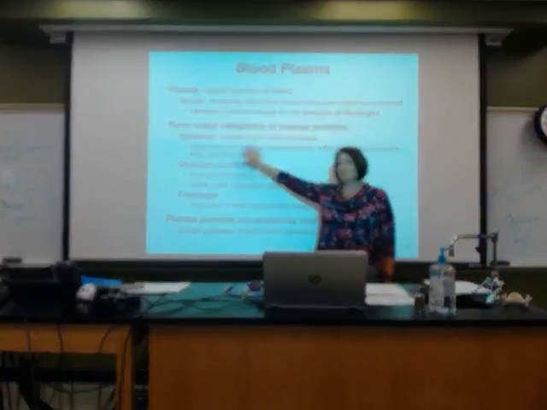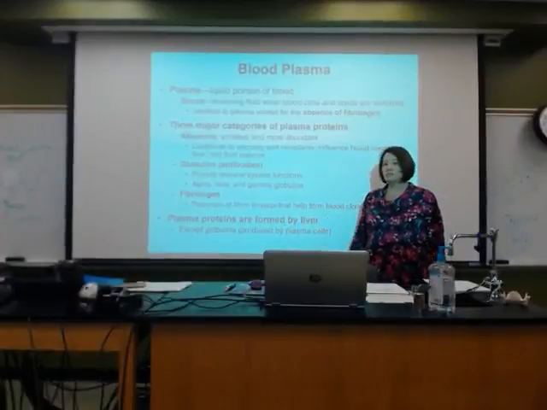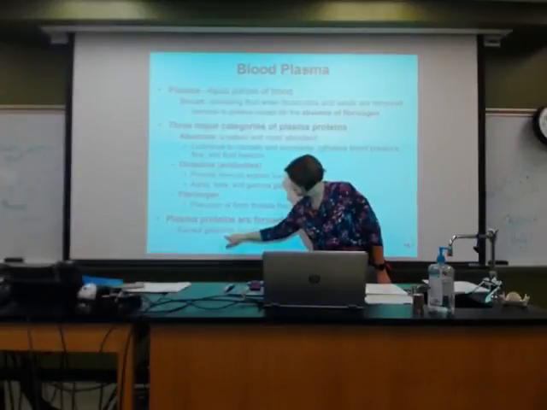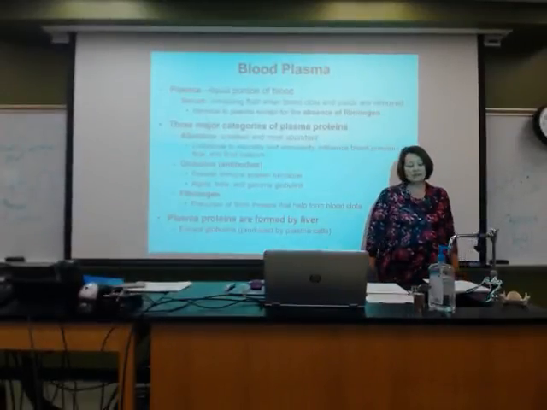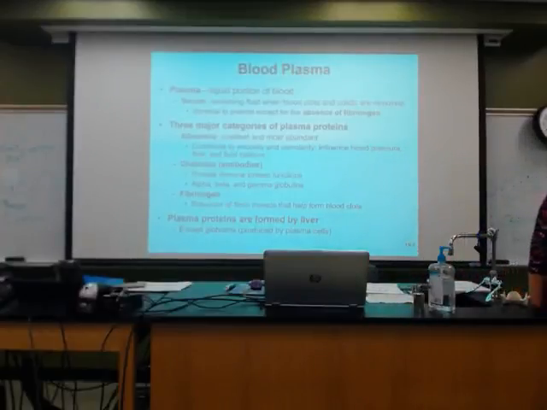These proteins that we have in the plasma, they're formed by the liver. Now, globulins, however, they're going to come from something called a plasma cell.